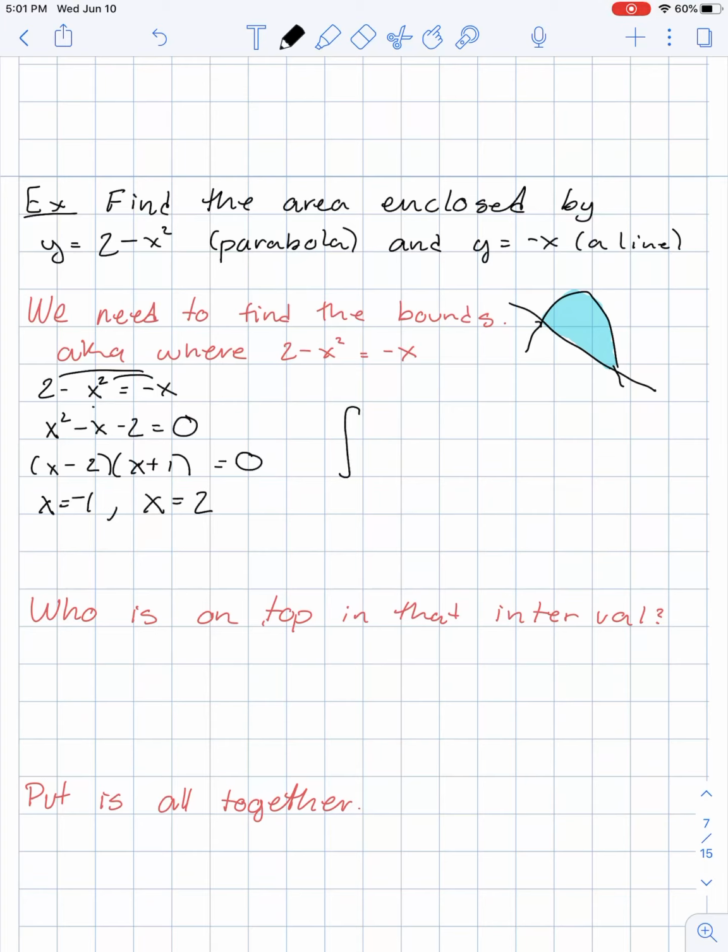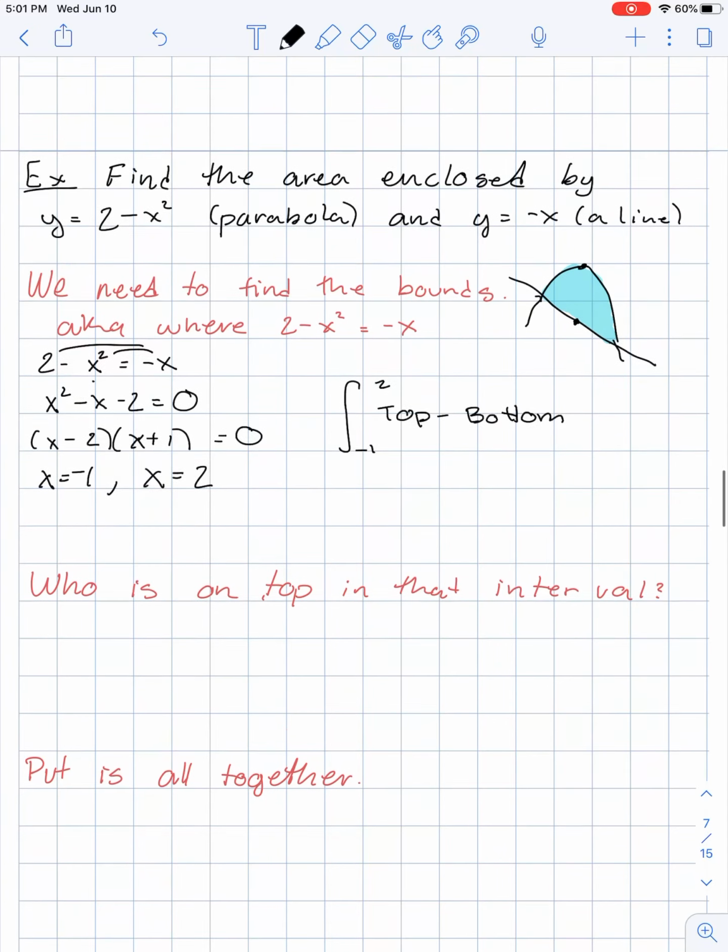So now our integral is going to look something like negative 1 to 2, top minus bottom. But who's top, who's bottom? How do we figure that out? Well, if I just plug in a number between negative 1 and 2, whatever gives me a larger number is going to be on top, right? Because top and bottom is determined by the y values. So let's plug in 0.